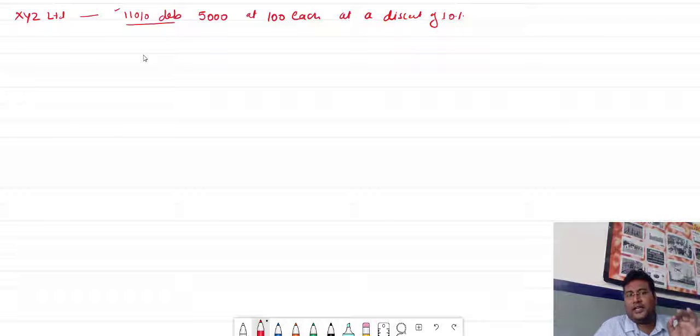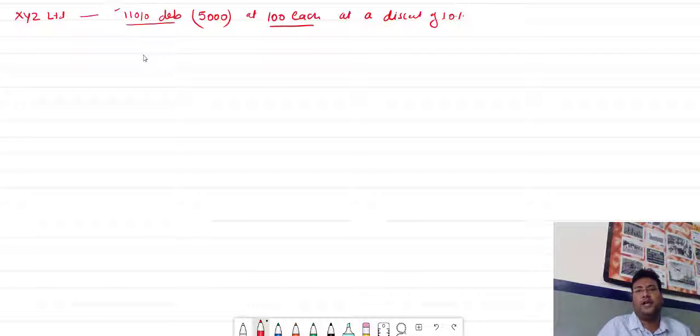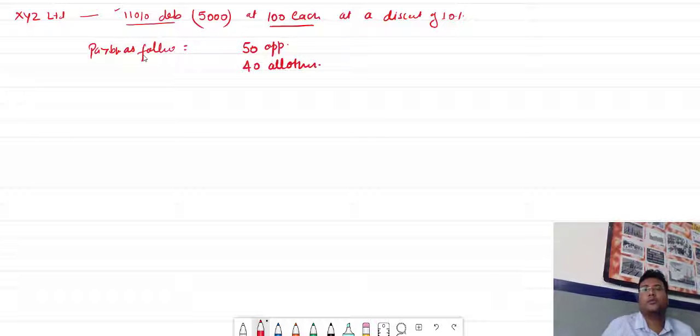Payable as follows: 50 rupees on application and 40 rupees on allotment.